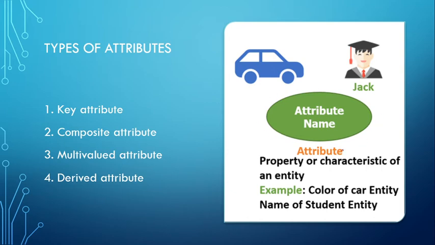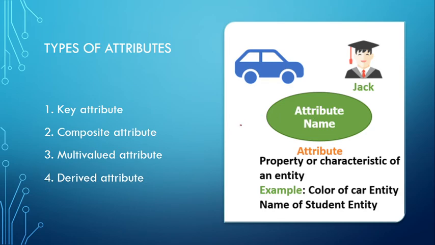Here, let's take an example, and it is represented in an oval shape. Take a look at this diagram. Car is an entity and Jack, a student, is an entity. What would be the property of these entities? Color, a blue car: the color of the car.